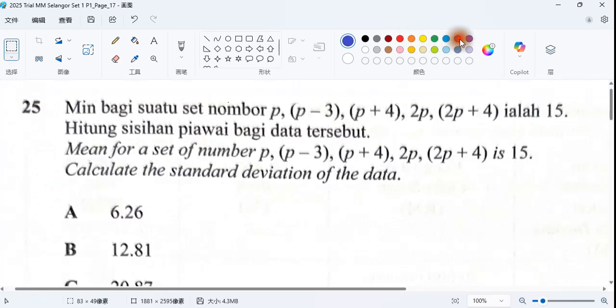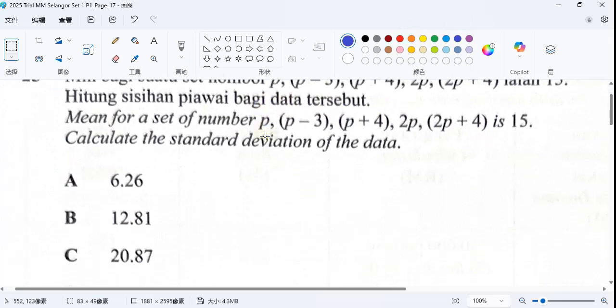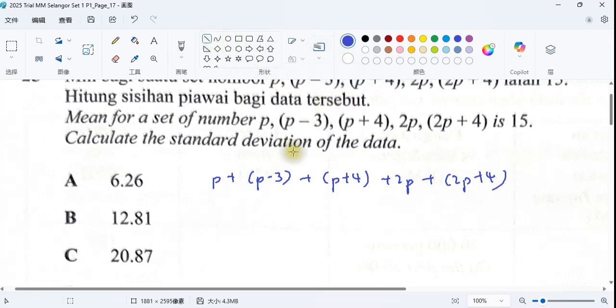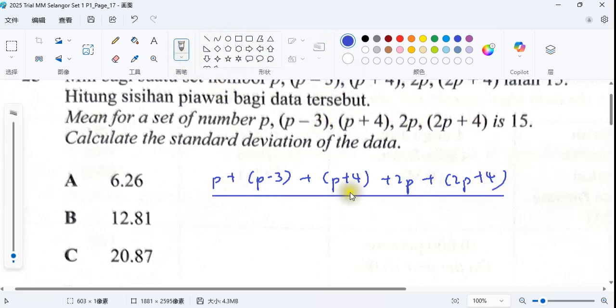Question number 25. Mean for a set is 15. Calculate the standard deviation. So we have p plus p minus 3 plus p plus 4 plus 2p plus 2p plus 4, divided by 5. So we have 5 numbers here, and the mean is 15.